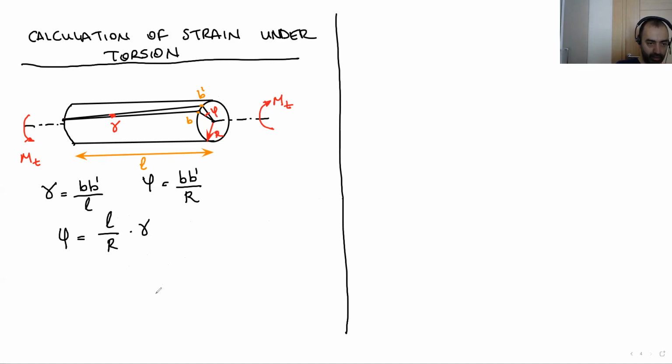Let's say we have a rectangle or square member. The stress distribution is like this.